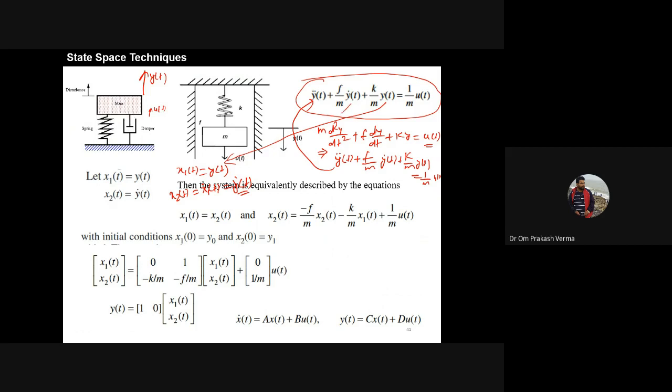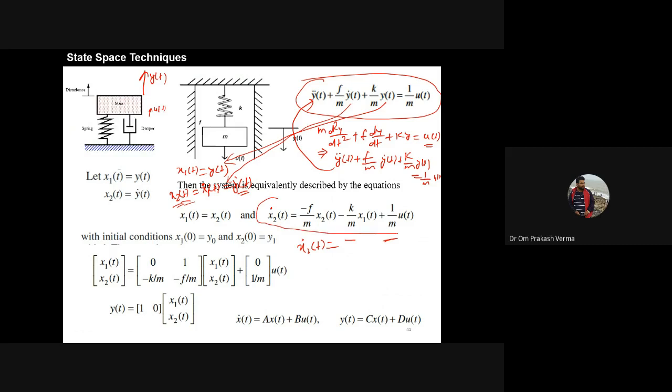So x1 dot t is equal to x2(t), and y double dot t is nothing but x2 dot t. x2 dot t becomes minus f by m x2(t), because y dot t is x2(t), minus k by m x1(t) plus 1 by m u(t).